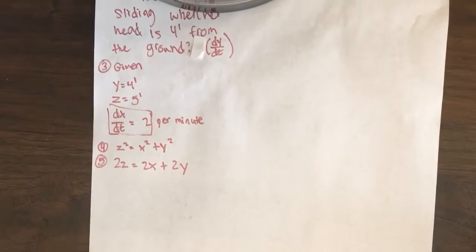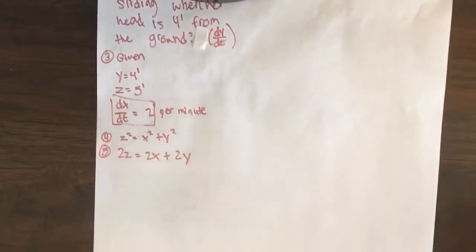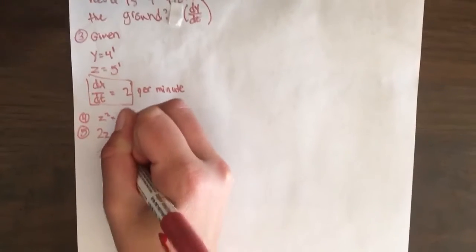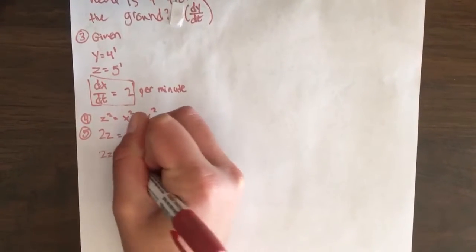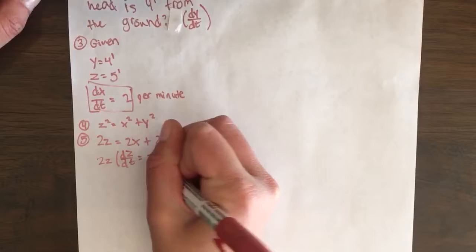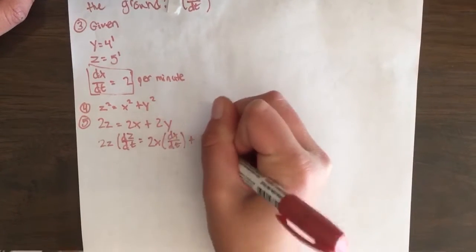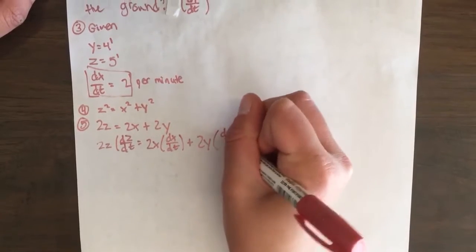You'll notice that me, silly dorky Dara, forgot nearly the most important part of the problem. We forgot dz/dt: 2z times dz/dt equals 2x times dx/dt plus 2y times dy/dt.